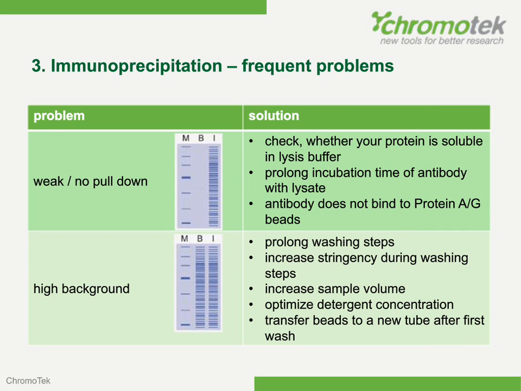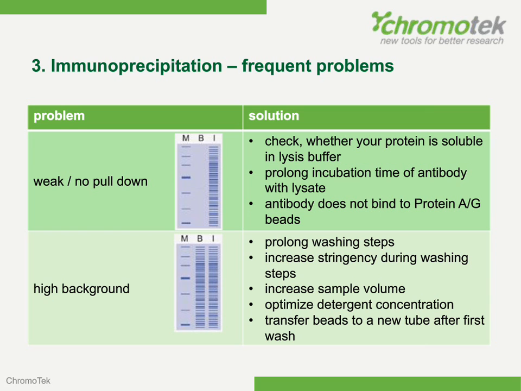So the first problem is that you have a weak or no pull-down. And if you haven't already done it, please load the input lane and check whether your protein is really soluble in your lysis buffer. Because if your protein still is in the pellet, you can't expect to get a nice immunoprecipitation.